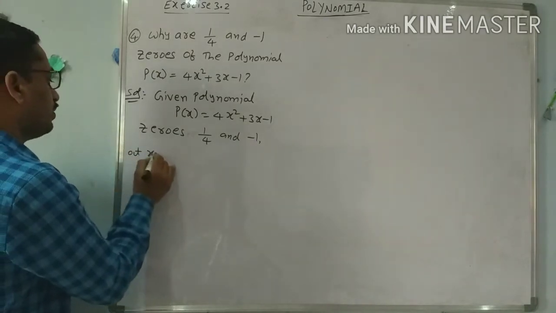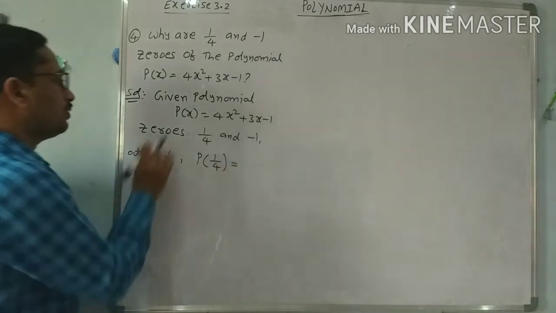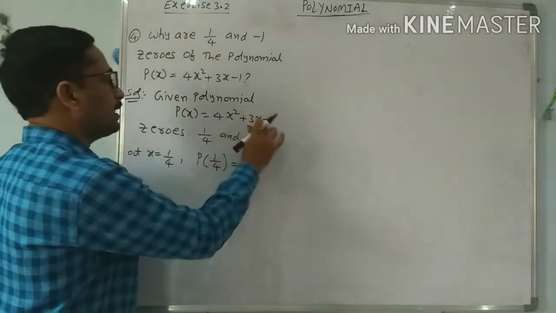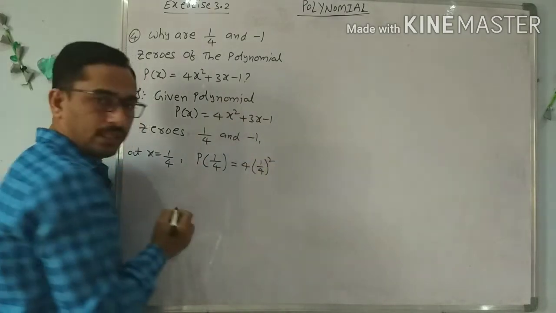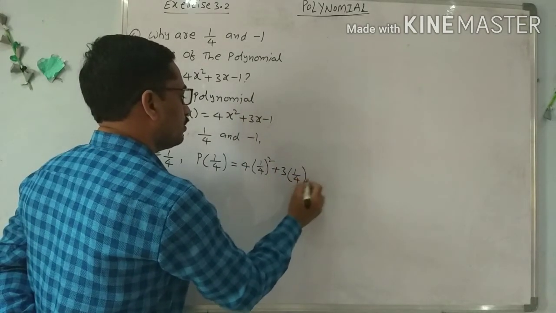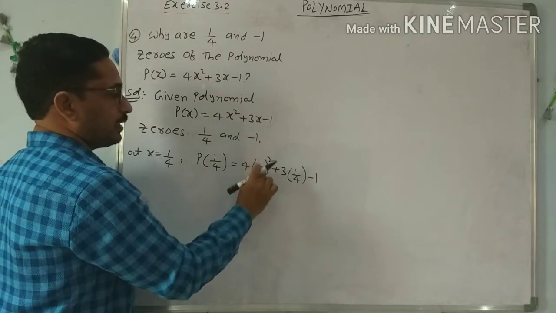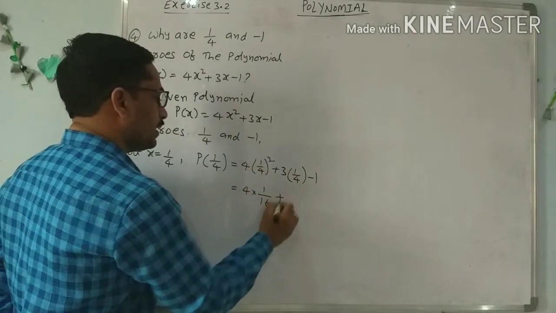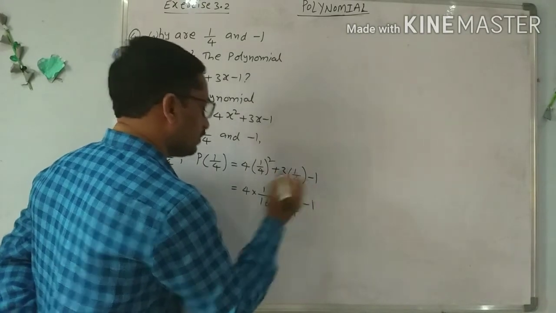First, at x equal to 1 by 4, find out p of 1 by 4 value. Substitute x equal to 1 by 4 in right side. 4 into x square, x means 1 by 4 whole square, plus 3 x means 1 by 4, minus 1. 4 into square separate for numerator and denominator. 1 square value 1, 4 square value 16, plus multiply 3 into 1, 3 by 4 minus 1 as it is.